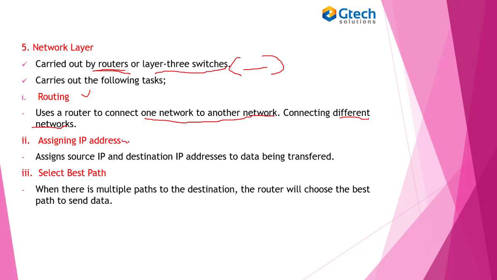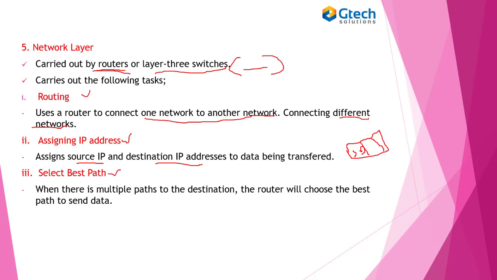Assigning IP address. In the network layer, the data is assigned the source and destination IP address while being transferred, so that the data has both the source and destination IP address while sending it. I hope you understand that.